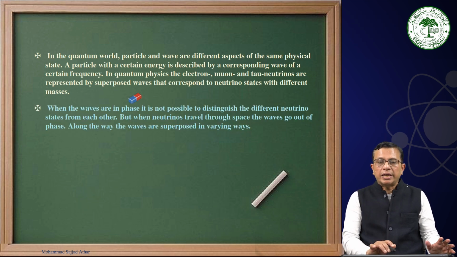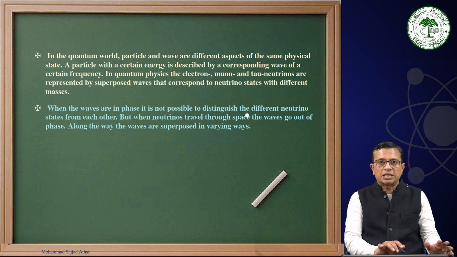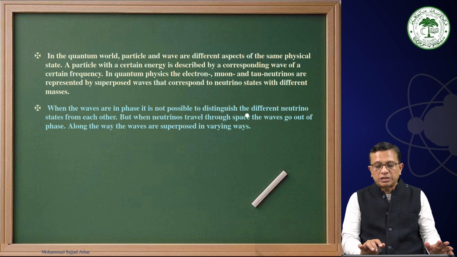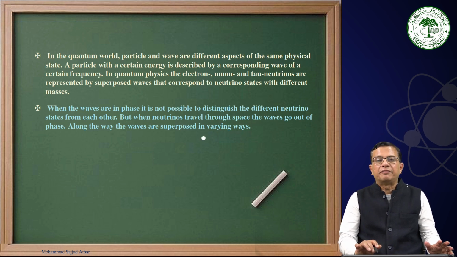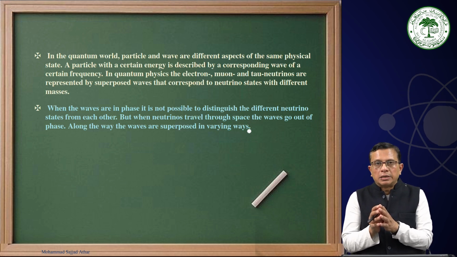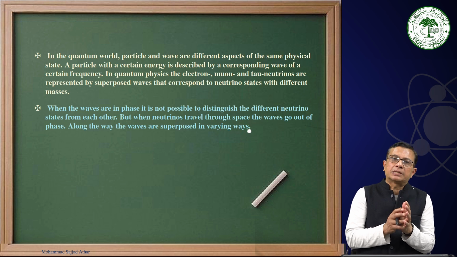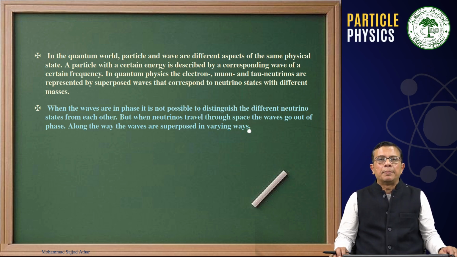Therefore, when the waves are in phase, it is not possible to distinguish the different neutrino states from each other. But when neutrinos travel through space, the waves go out of phase. Along the way, the waves are superposed in varying ways. That means this nu 1 and nu 2 have different masses, say one is m1 and another is m2.